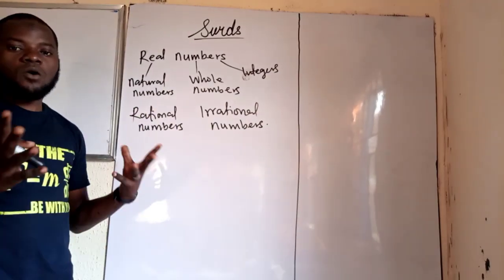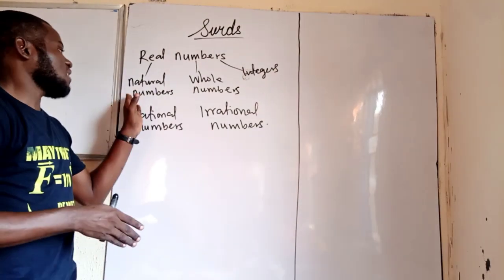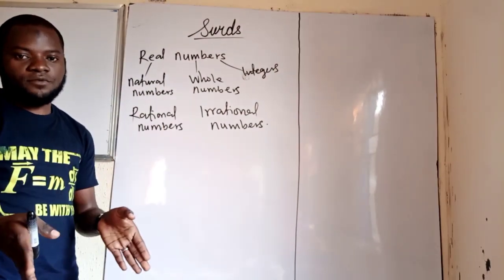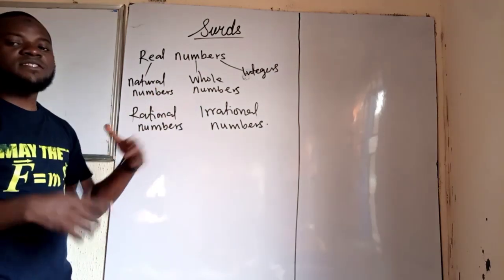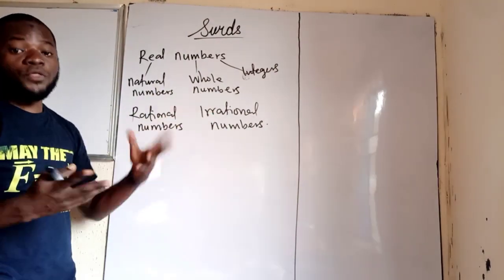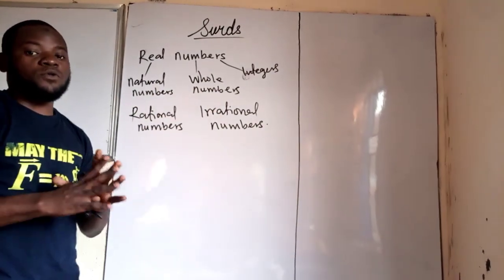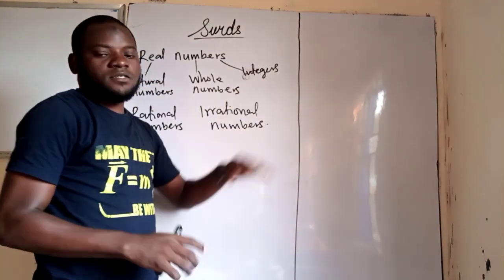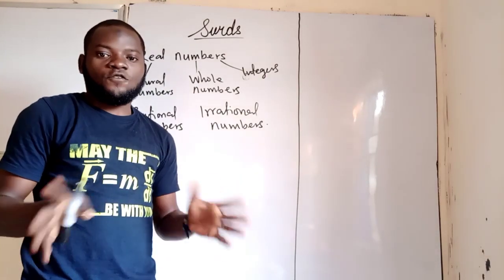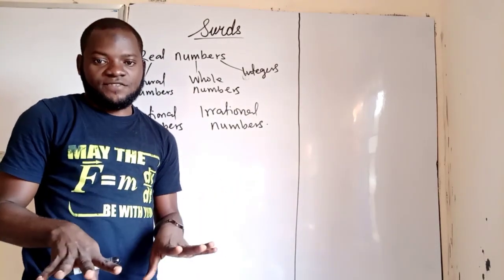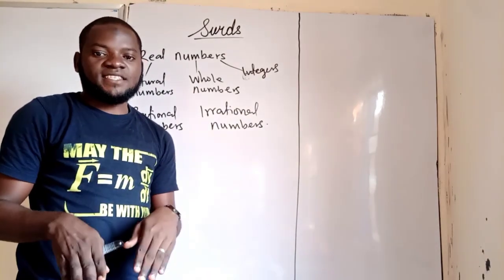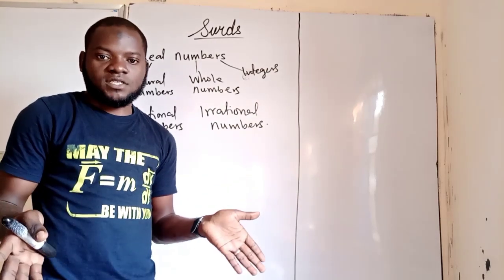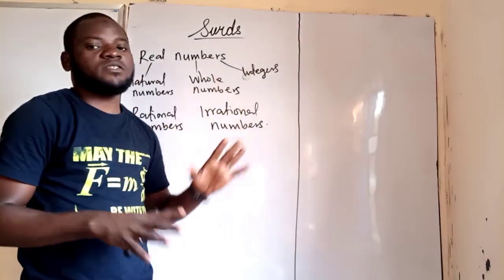Whole numbers are the set of natural numbers including 0, so the smallest whole number is 0, while we don't have a largest whole number. Integers are the set of whole numbers including their negatives. So when you talk about negative numbers and positive numbers, you talk about integers.